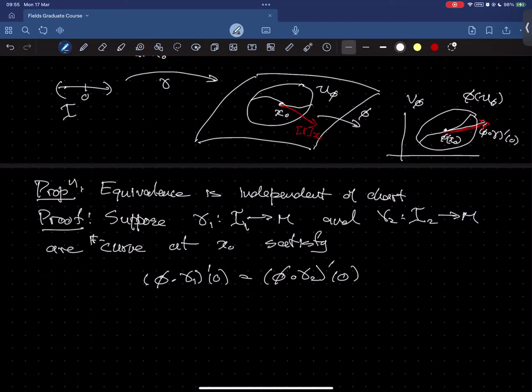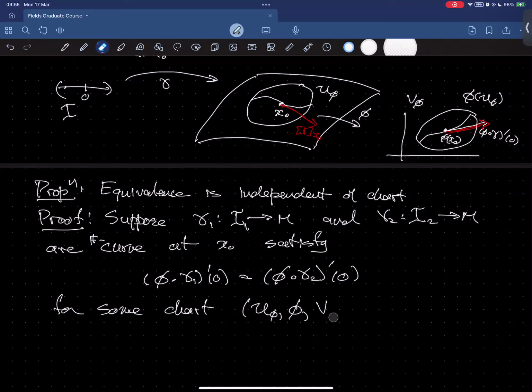So they satisfy this for some chart U phi, phi, V phi. What I want to say is that if this relation holds in some chart, then it'll hold in any other chart.